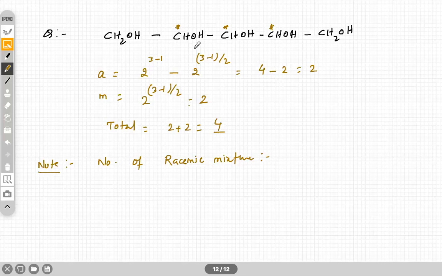Okay. Tell me, what is racemic mixture? How do we get racemic mixture? When we mix equal moles of two optically active compounds with same molecular formula. Yes or no? So two optically active forms of the same molecule form one racemic mixture.